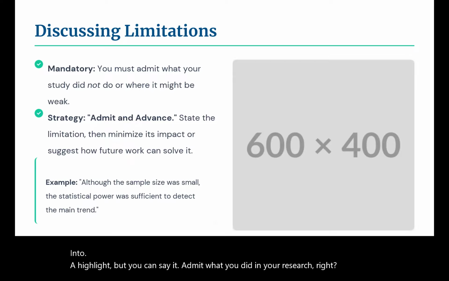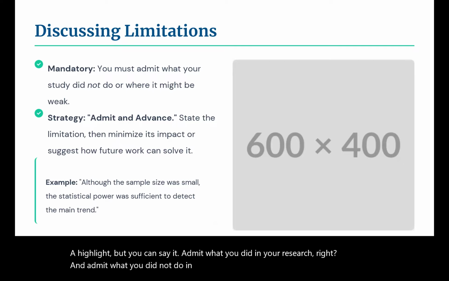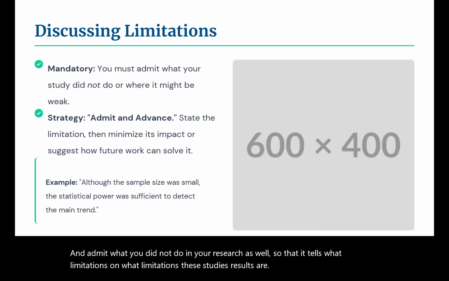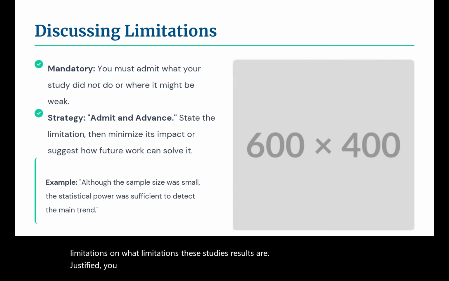And admit what you did not do in your research as well, so that it tells on what limitations this study's results are justified. You see, admit what you did and admit what you did not do, right? Admitting them side by side itself tells the limitations.